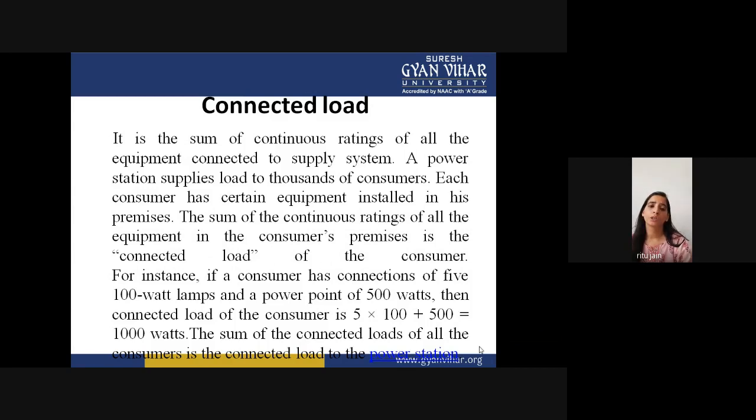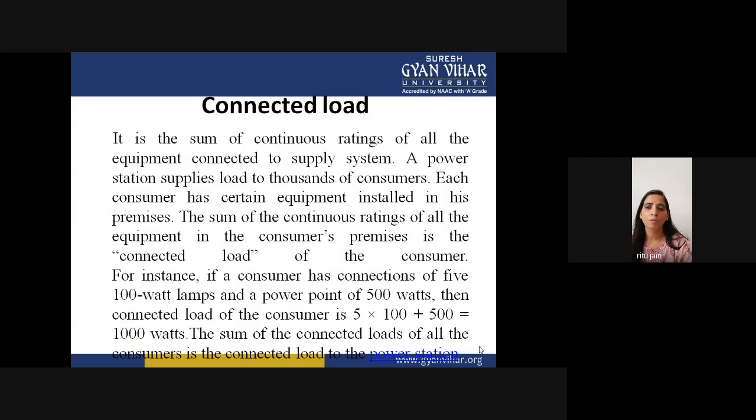That is your connected load: how many appliances are connected to your supply system. A power station supplies load to thousands of consumers, and each consumer has certain equipment installed in his premises.